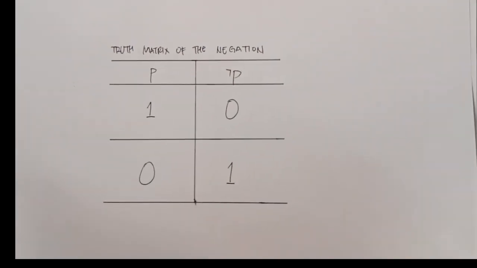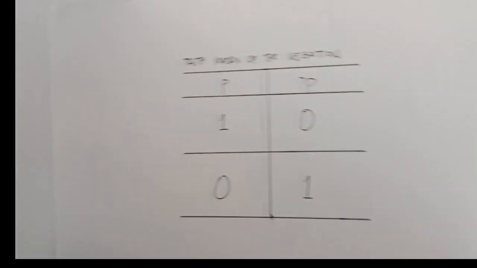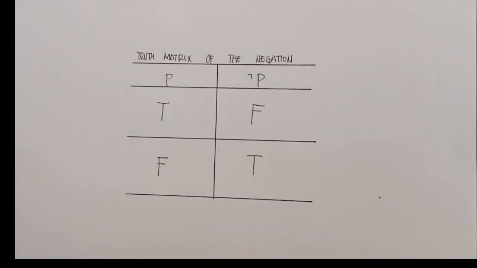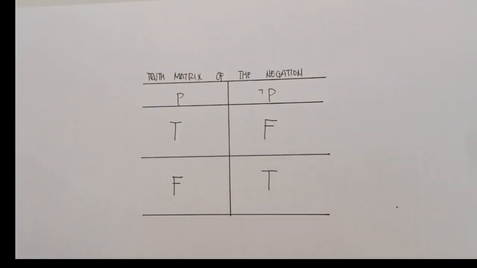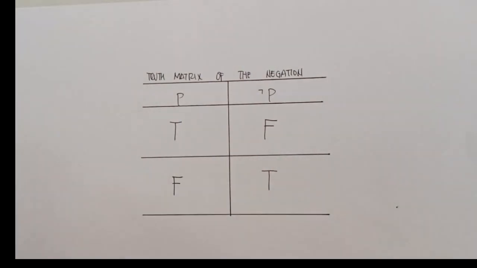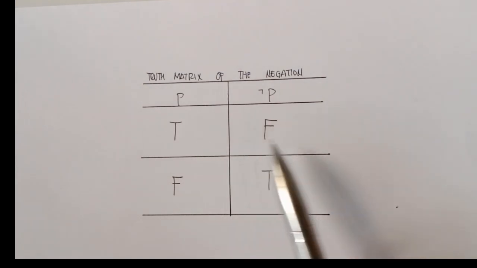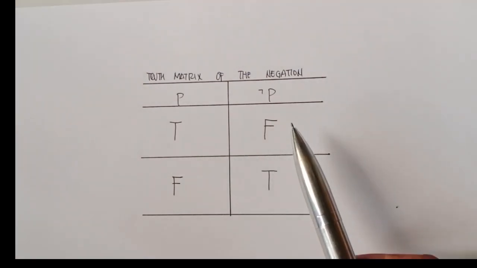There are also other books that are using T and F. So, in the truth matrix of the negation, if the statement is true, then the negation is false.